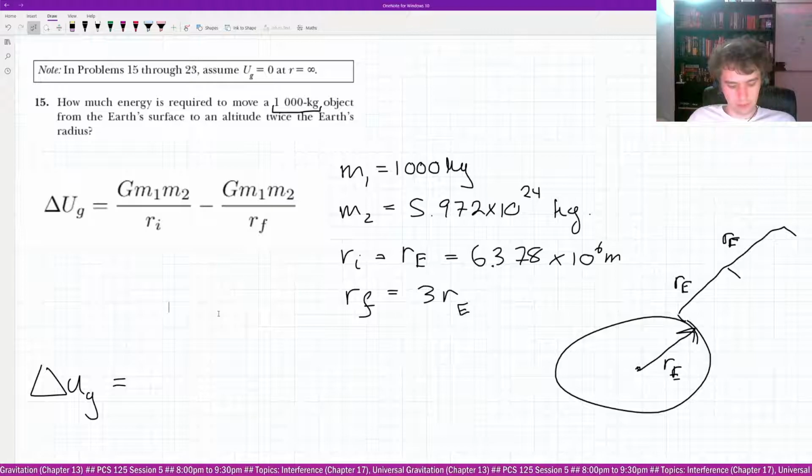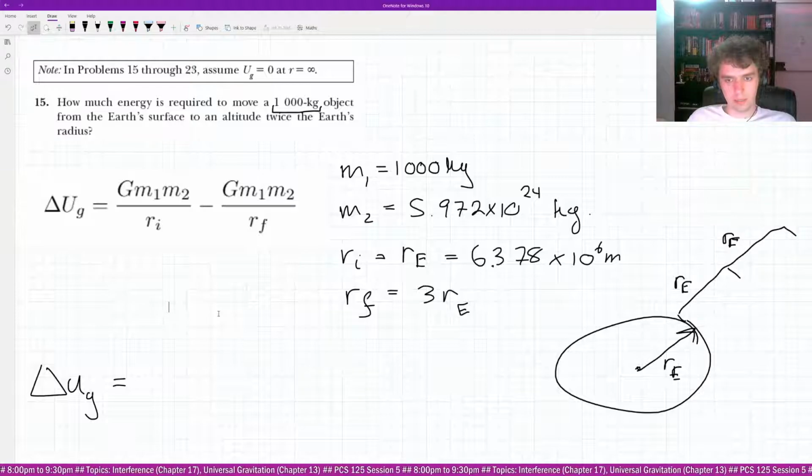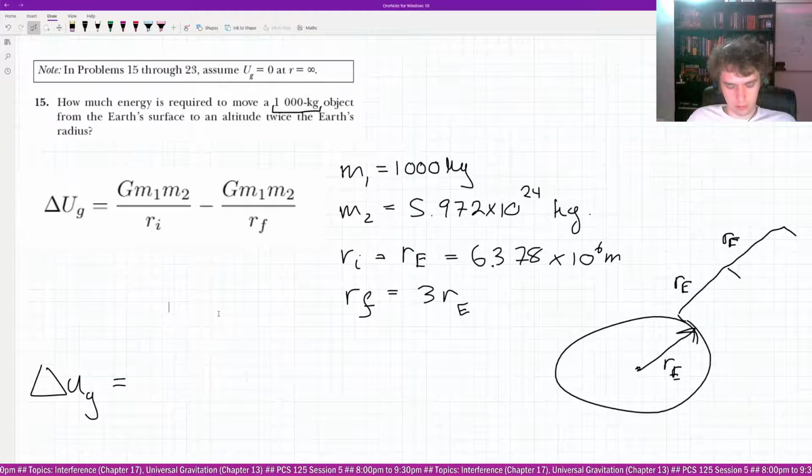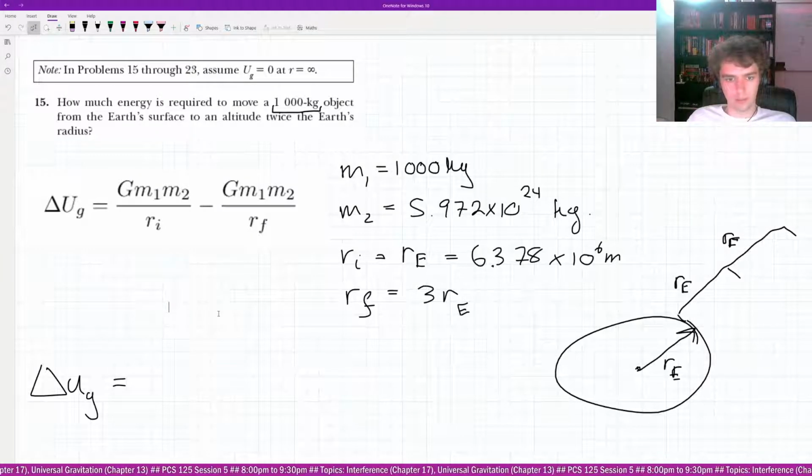The first numerator is 6.67 times 10 to the negative 11 times m1, which is 1,000, times m2, which is 5.972 times 10 to the 24, over the initial radius, which is 6.378 times 10 to the 6. Then 6.67 times 10 to the negative 11 times 1,000 times, again, m2, which is 5.972 times 10 to the 24, over the final radius, which is 3 times the other radius.